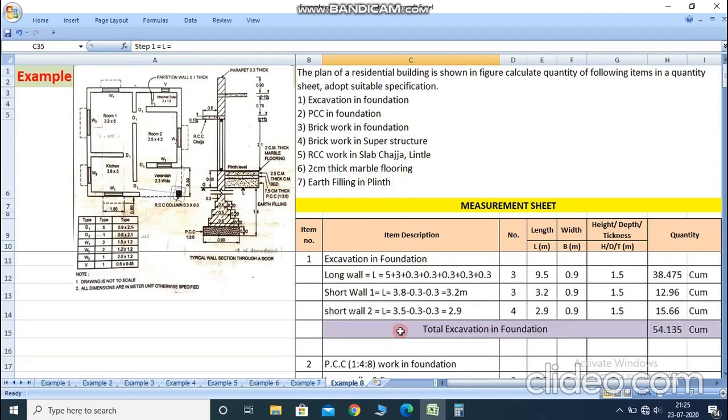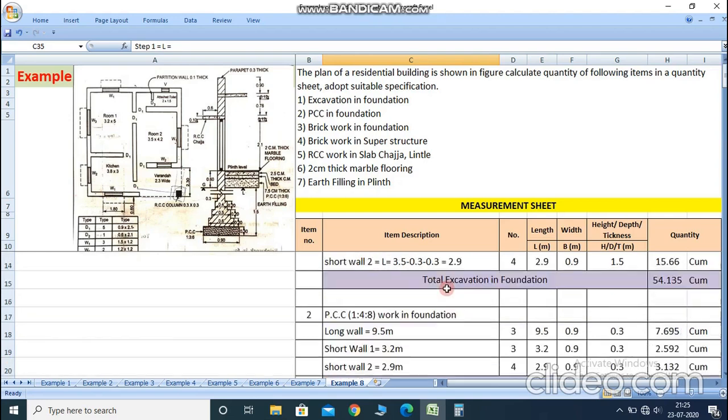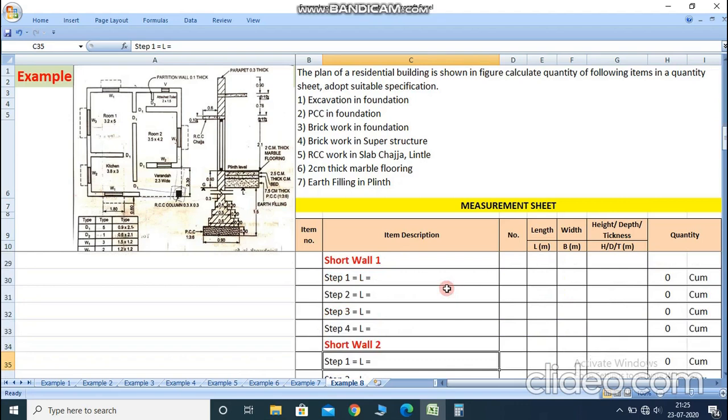So see this here, short wall length 1 we calculated 3.2. So right here the length is 3.2 plus the difference between 0.9 and 0.6, meaning the first step and PCC work difference is 0.3. So right here 3.2 plus 0.3. So the answer we got is 3.5 meter.